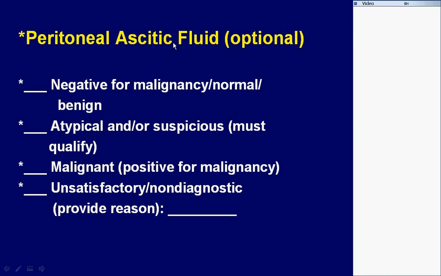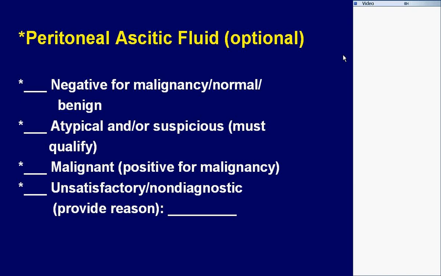Peritoneal washings. This is an optional criteria. This is a big difference now from the earlier version. As you know, in the last one, this would be a stage 3, but right now it is still part of stage 1, and it's an optional thing.